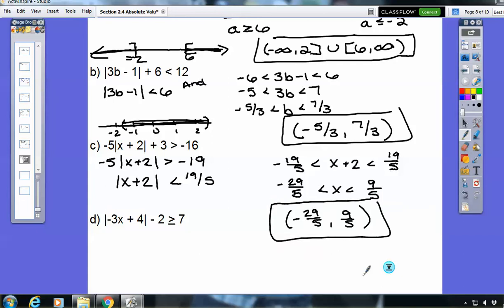You can draw a graph if you need to, or you can recognize that it's an "and," you're going to get that one piece at the end. So you don't have to draw the interval. The interval is just if you need help. Alright. Is that okay?